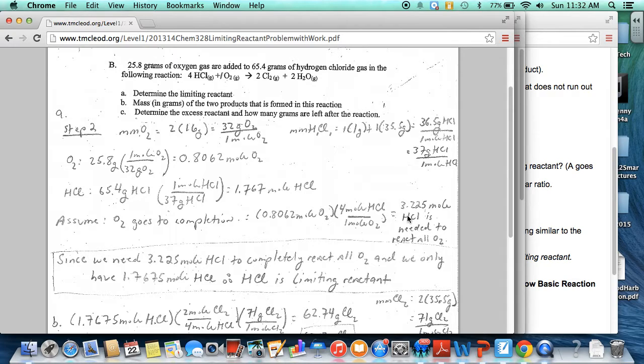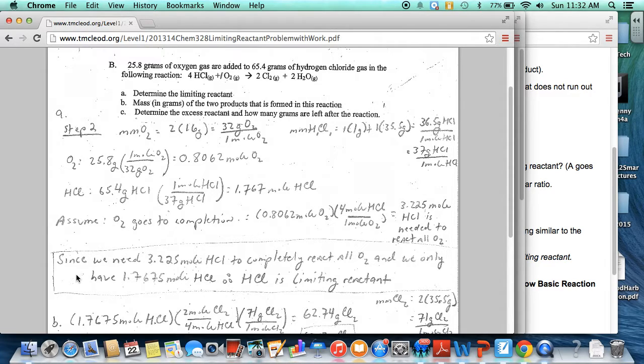So therefore, the question is, do you have enough? So you compare the 3.225 moles of HCl that you need to get rid of all the oxygen, and you realize that you only have 1.767 moles of HCl. So what happens is you don't have enough HCl. So it's not the oxygen that is limiting, it's the HCl.